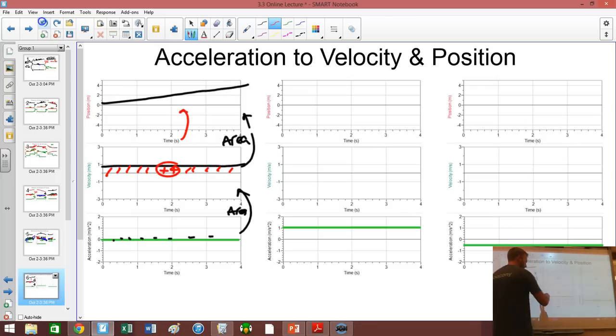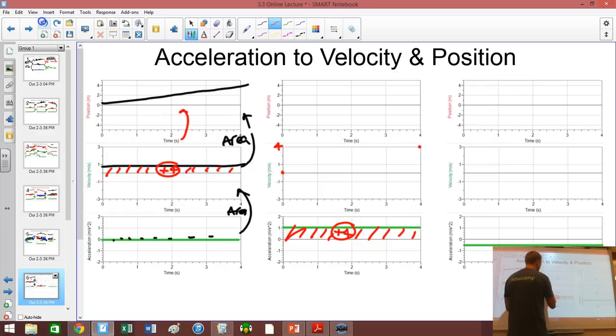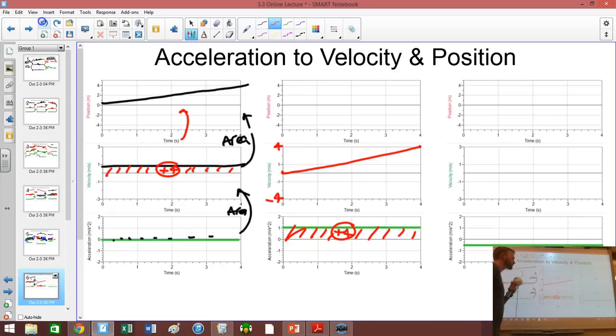Here I've got an acceleration versus time, so my area underneath here looks like positive 4. No matter where I start, I'll start here at 0, and I'll make this reflect my graph like that. So now the area underneath here is 1/2 base times height.